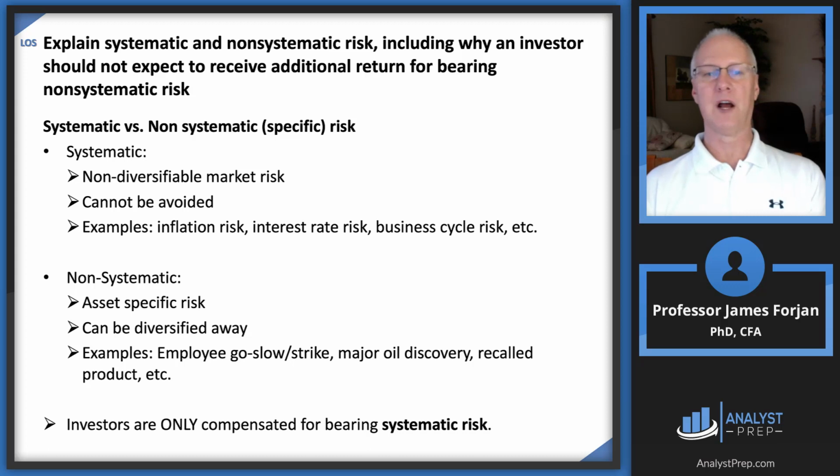So I like to define unsystematic risk as the variability in stock returns due to changes in firm-specific factors. Things like brand name product lines, things like a strike, things like major advances in technology that allow for oil discoveries and fracking, and maybe hiring new and highly skilled executives.